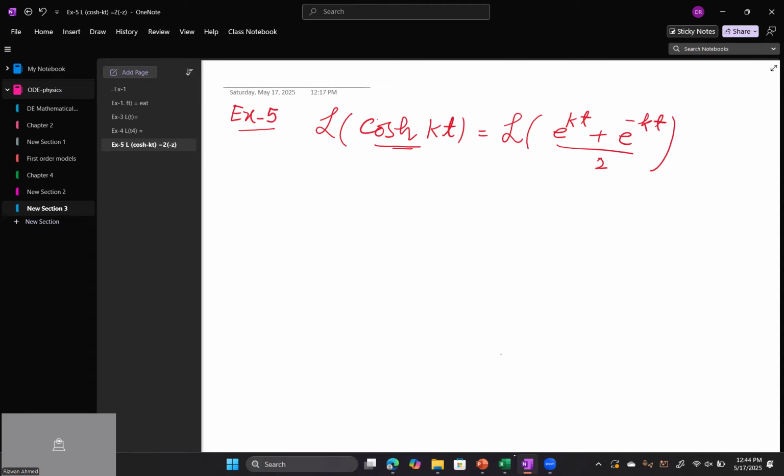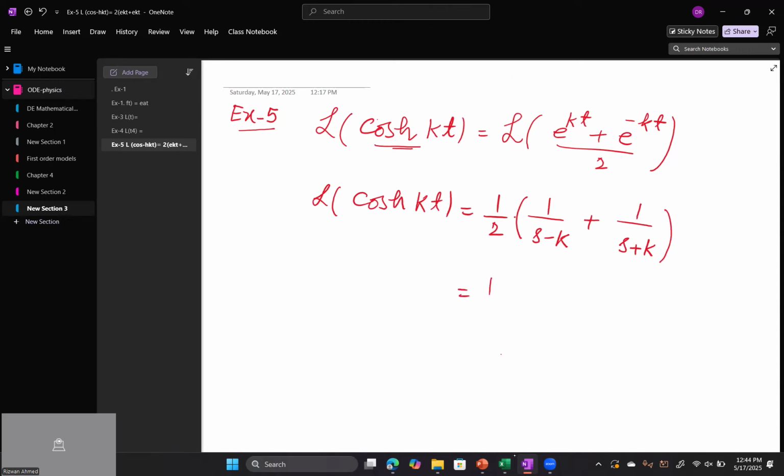And earlier we developed the Laplace transform of these functions, e raised to the power at. So cos hyperbolic kt can be easily written as the Laplace transform of e raised to the power kt, so it will be 1 over s minus k, plus the Laplace transform of e raised to the power minus kt, so that will be 1 over s plus k.